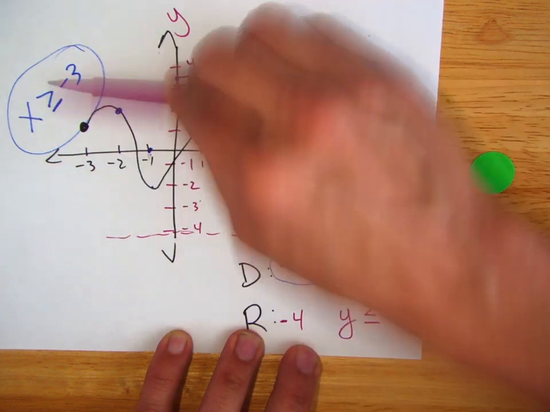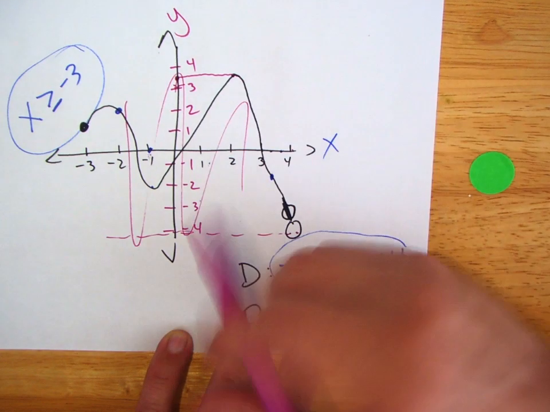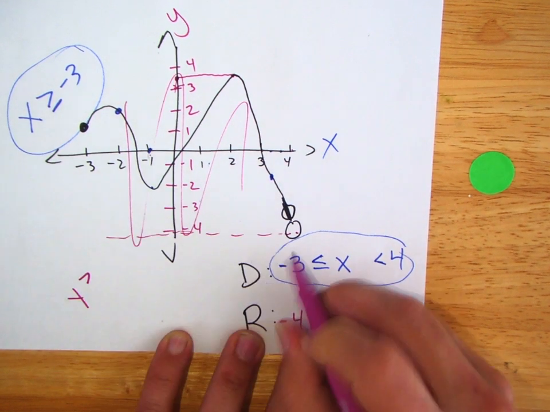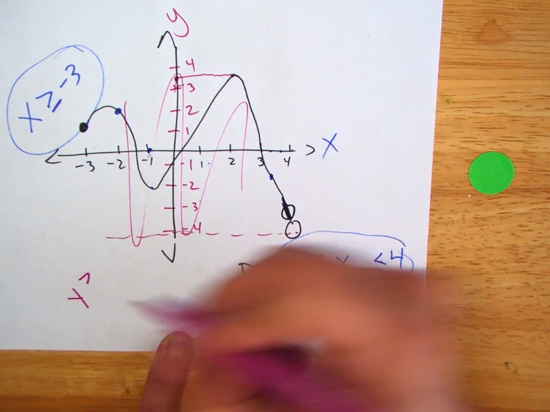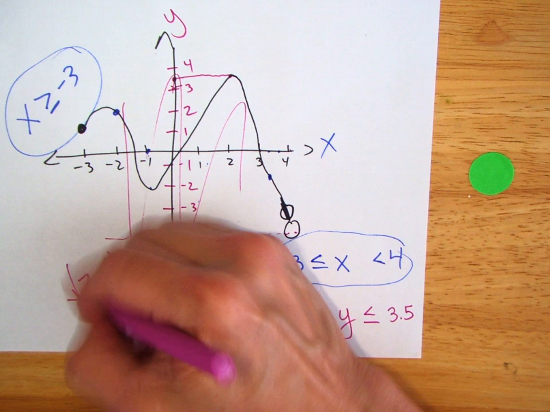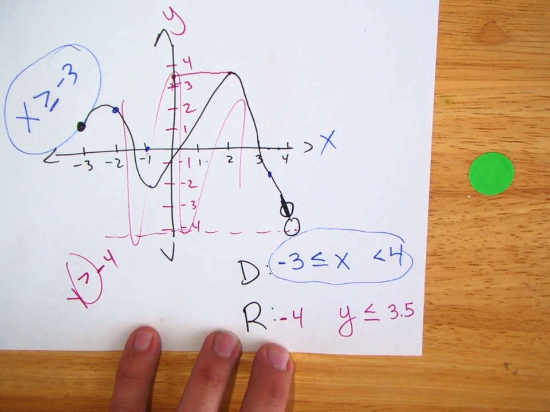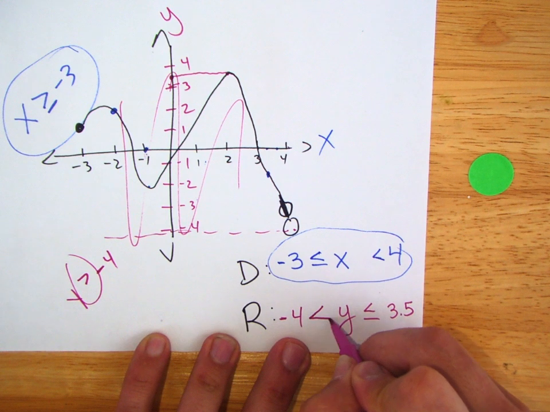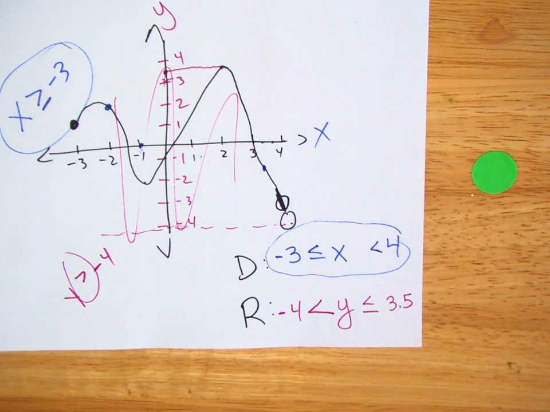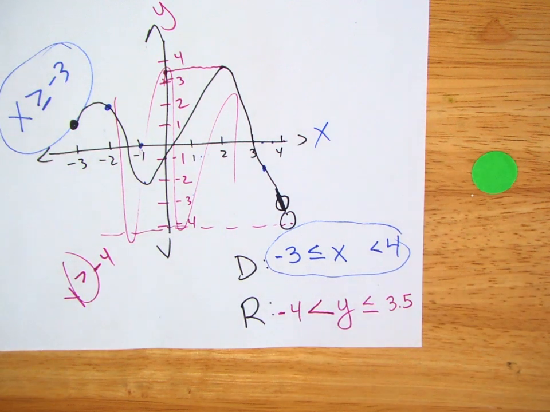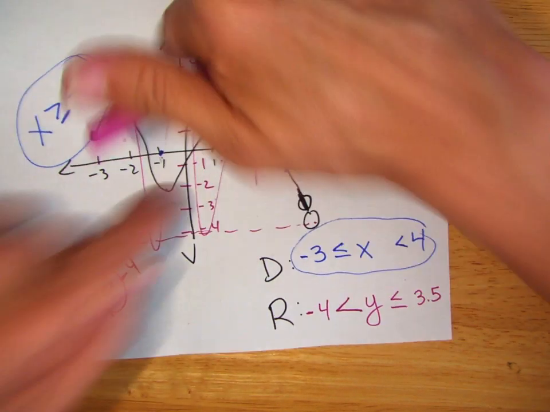So it's trapped, it's in here. So y is greater than, is it equal to? No. So it's open, -4. So now what I have to do is flip the inequality. Go ahead and flip it. Right there, there you go. And that's it. So just keep an eye on the inequalities on the range.